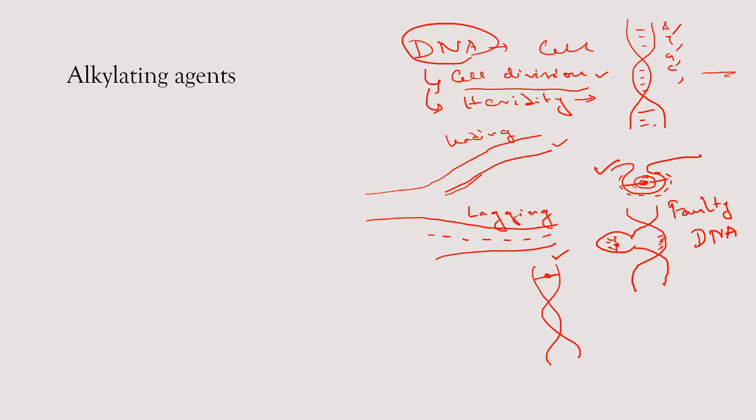Now, in case of DNA, remember that the presence of enough new DNA molecules is extremely important for cell division. In this process of cell division, what we generally find is that at first in the cell cycle you need the S phase.